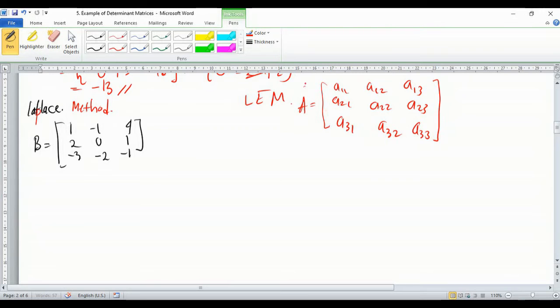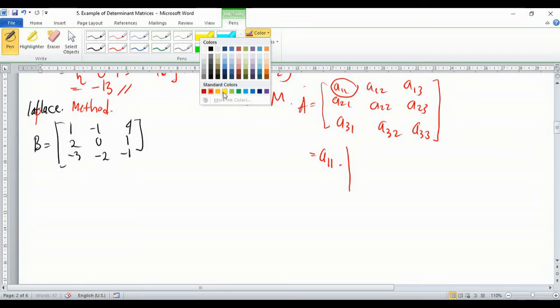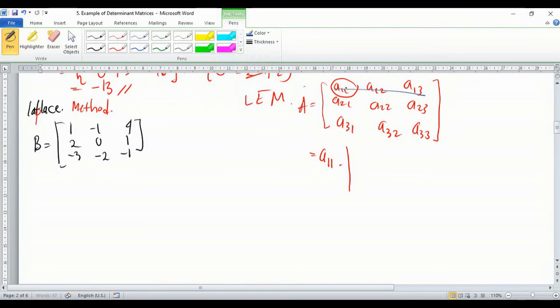When you write the first row, A11, you need to multiply by the determinant of what is left. The left is A22, A23, A32, A33. Okay, this one is minus.